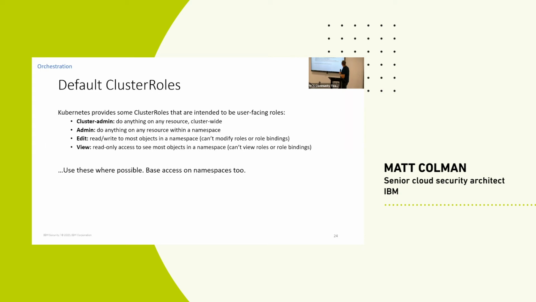Within Kubernetes, we have a concept of cluster roles, cluster role bindings and role bindings. A role will determine resources and the permissions that you have over them, and then a role binding will tie that to a user or a group and potentially namespaces as well.